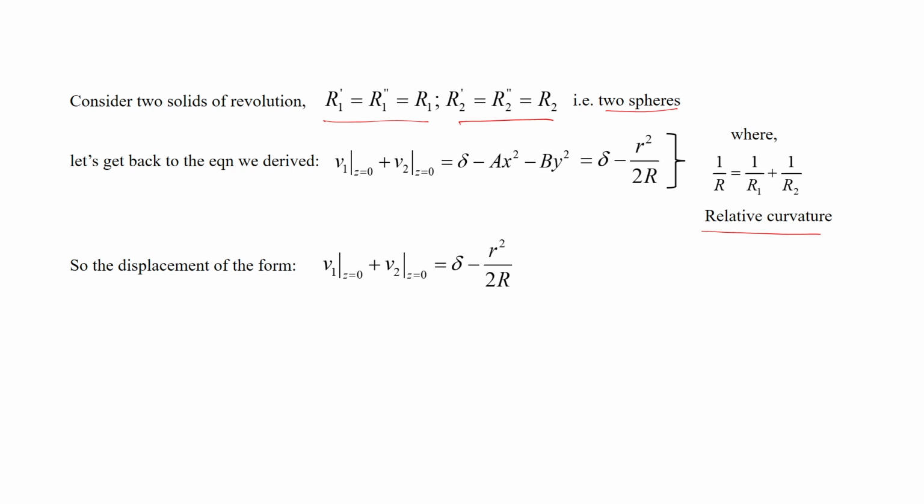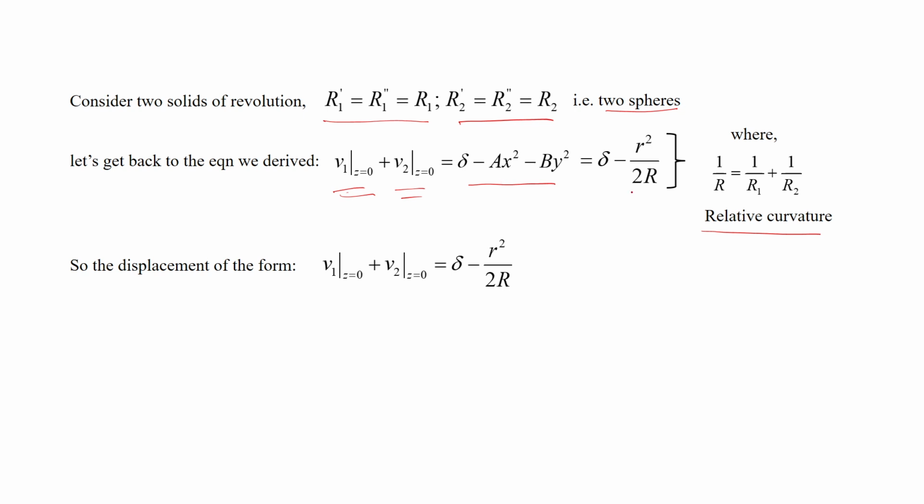So, what we have just derived is that V1 at z equal to 0 plus V2 at z equal to 0 is equal to delta minus a x square minus b y square. Now, since it is a sphere, instead of the x and y axes we can have the r, theta axes, and therefore we replace x and y by r, and we can write in the values of a and b here.